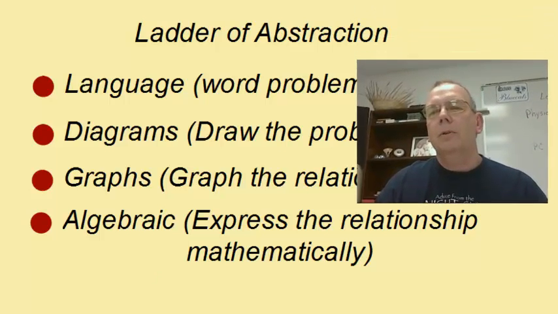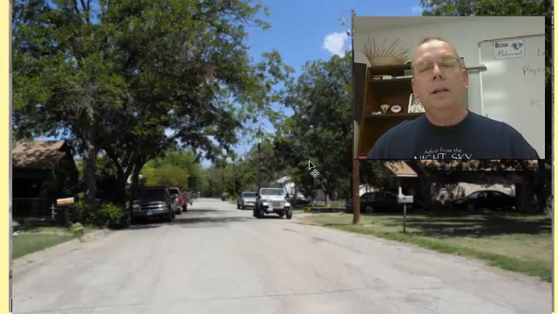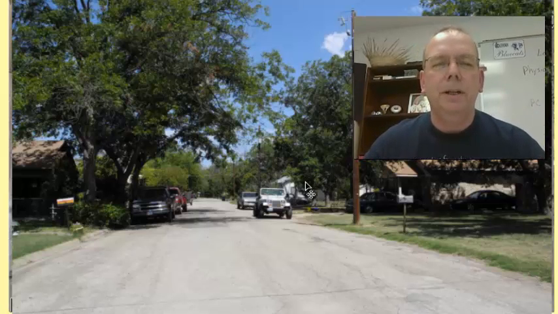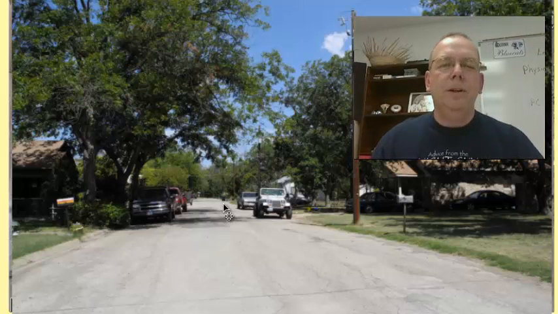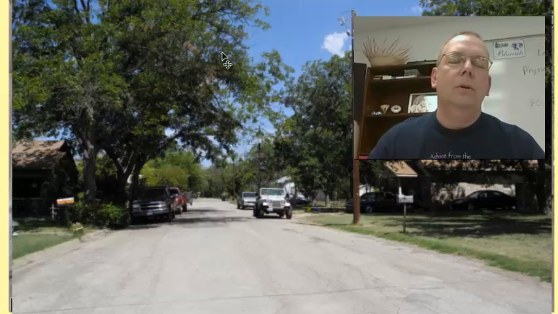And so now let me give you a real quick example of what perhaps I'm talking about. What you see here is just a picture of a street here in town. It could be any street, but maybe it's here. We're at the beginning of school, and maybe the question is, what's the shortest way to get to school, or how far is it to school from where we are?